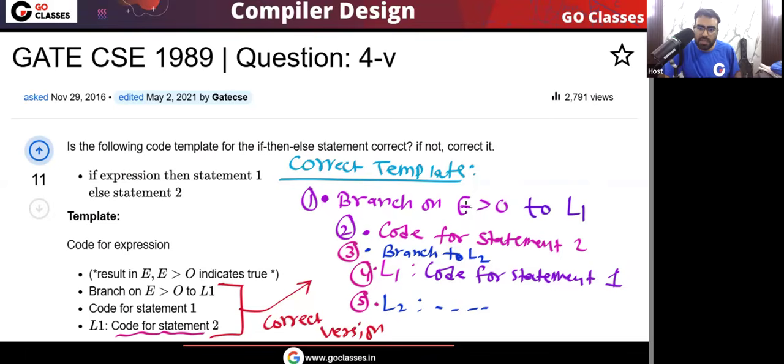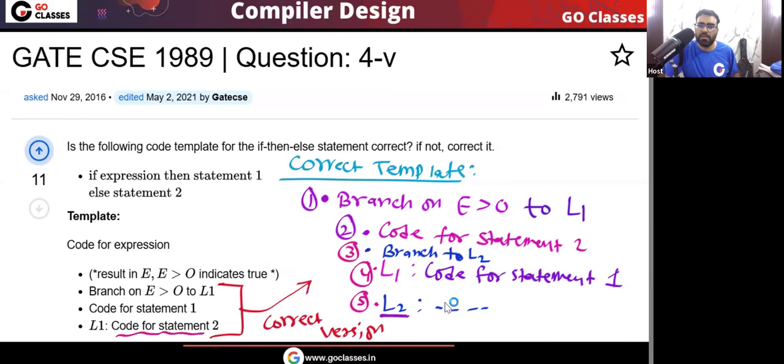But if E is false, then we need to execute statement 2, so we will have code for statement 2. After executing statement 2, we cannot execute statement 1, so we need to branch outside, or I can say you branch to L2.